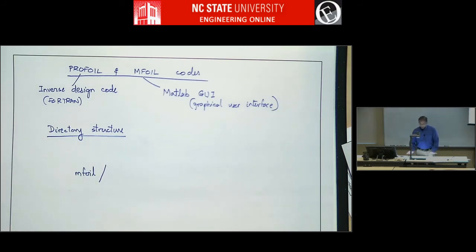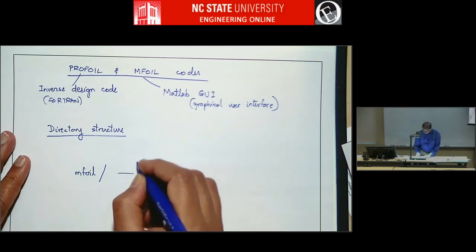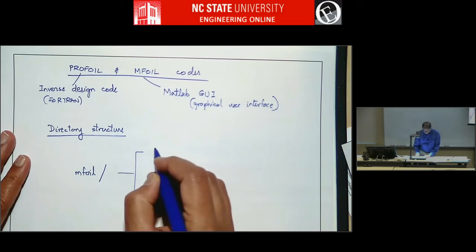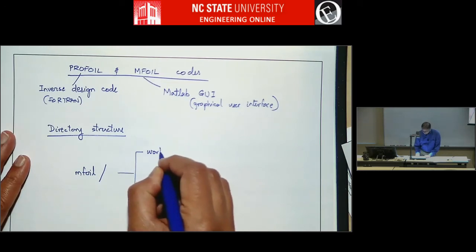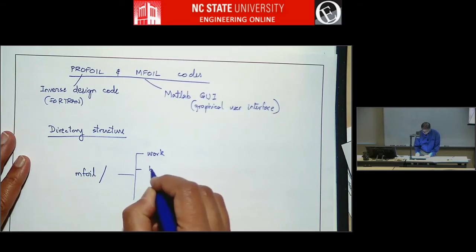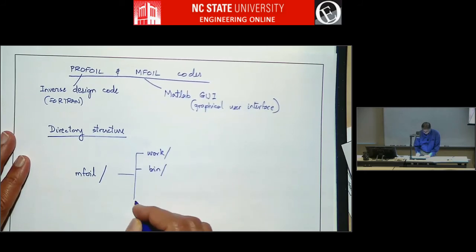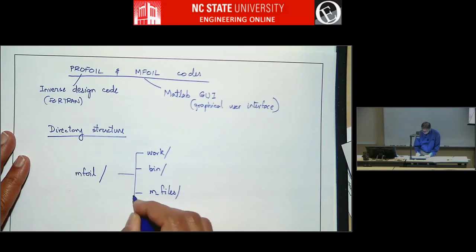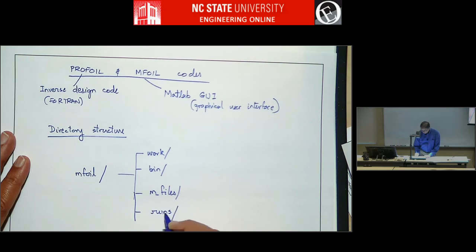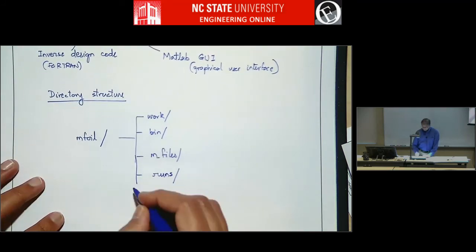So that's what Profoil and MFoil are. When you download it, you will have this directory structure. The zip file, if you extract it, will create this directory structure, and you need to keep it pretty much like this, otherwise there's a chance that you will break it, right?